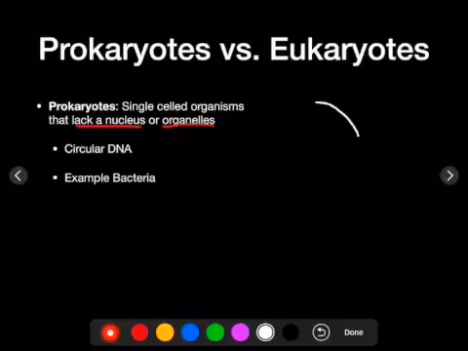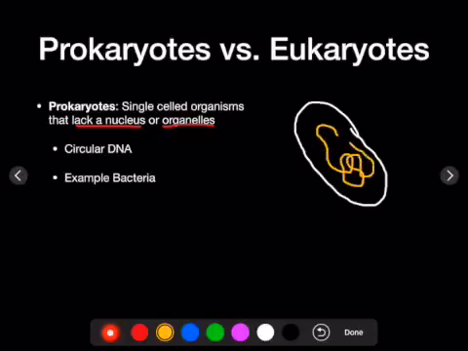So a prokaryotic cell is pretty simple. You think of a bacteria. Inside of that, they have circular DNA, and that DNA is just floating in the middle, not in a nucleus. They do have ribosomes, which is where our proteins are made. And they also have these little hair-like structures.